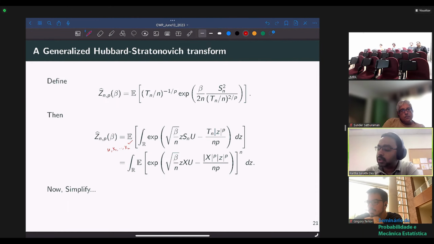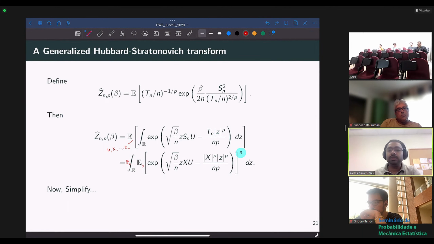There should be two expectations here, with respect to u and with respect to x. Given u, since x_1, x_2, ..., x_n are IID, we get this whole thing to the power n. But this is still an expectation with respect to u. So we still need to do some more work, but one can try to understand the log-partition function behavior by using appropriate properties of this u.